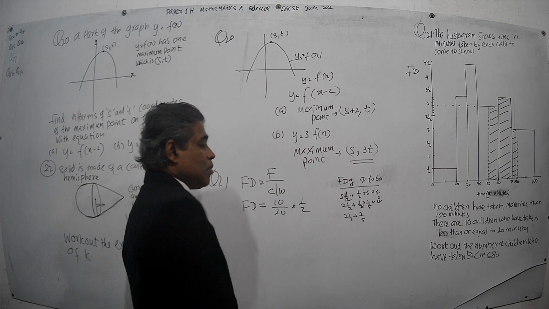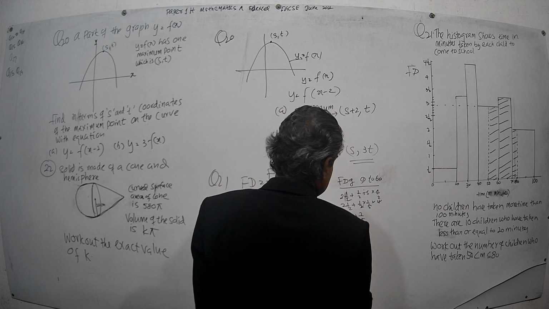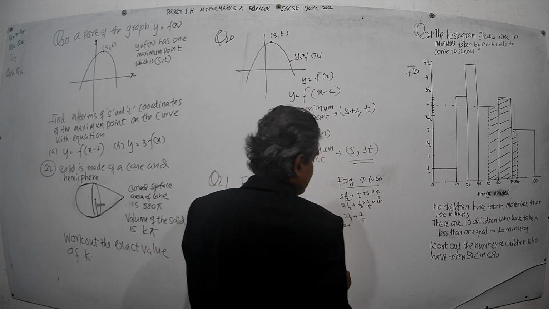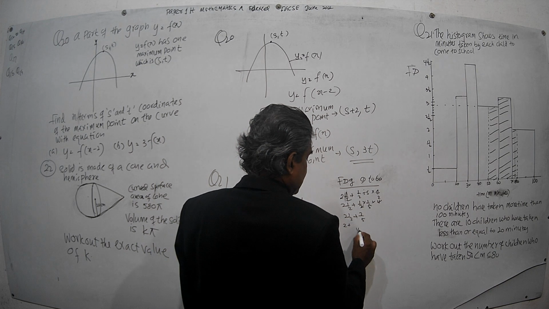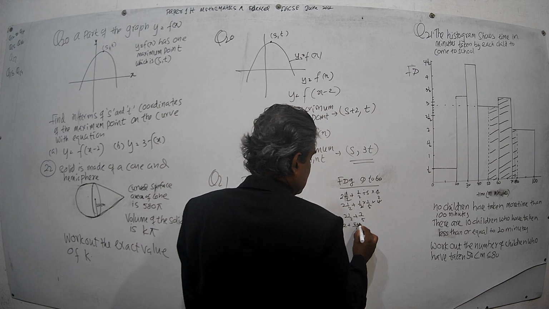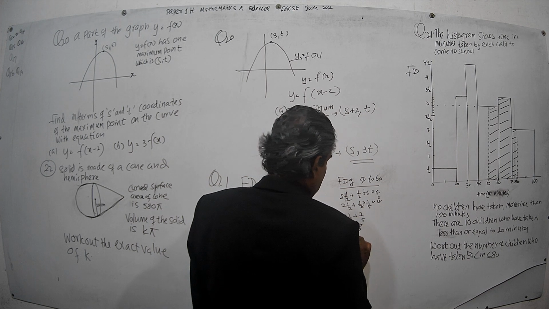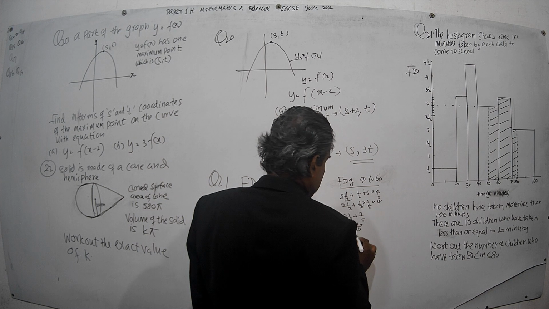Then that will be how much? This is 2. If you take the LCM of this half and this one, it is 10, 5 plus 4. That means 2 plus 9 over 10.